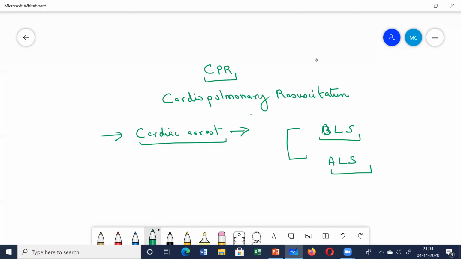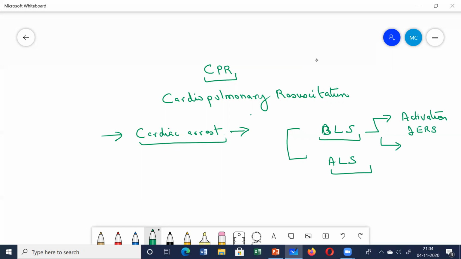BLS involves three things. In basic life support, the first important step is immediate recognition that the patient has suffered a cardiac arrest. You have to first recognize it and activate the ERS, the emergency response system.